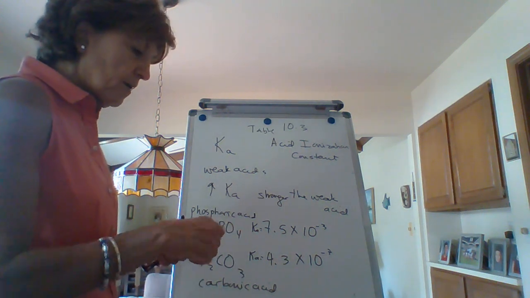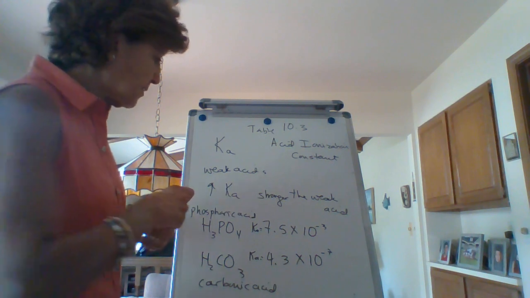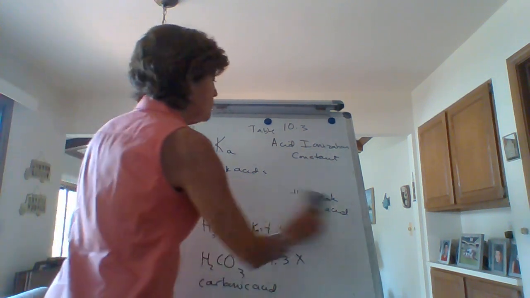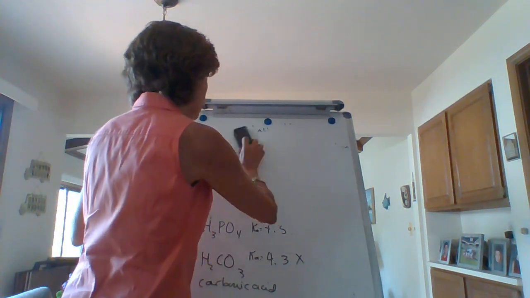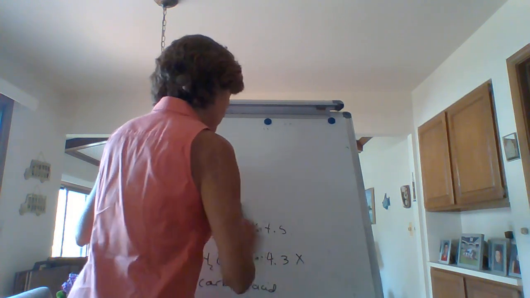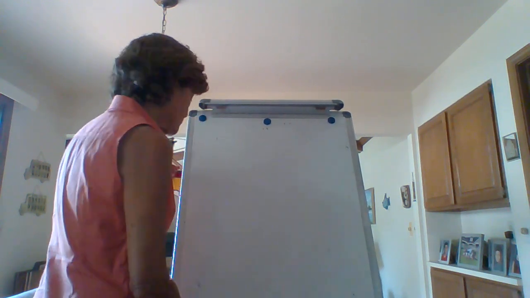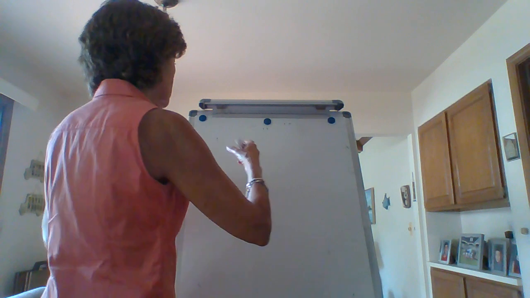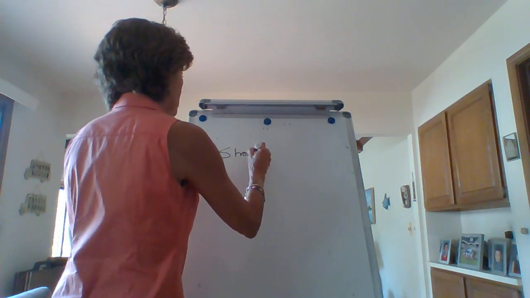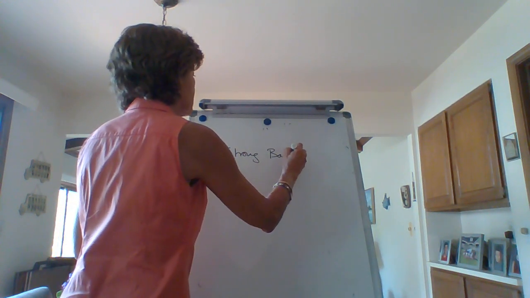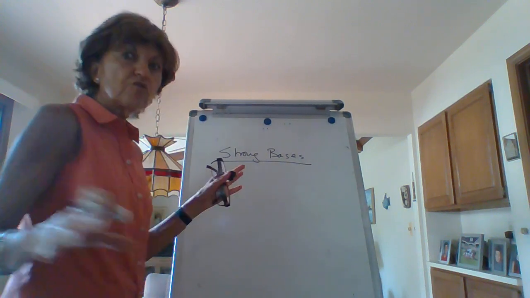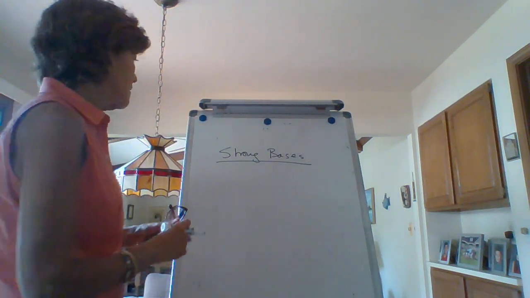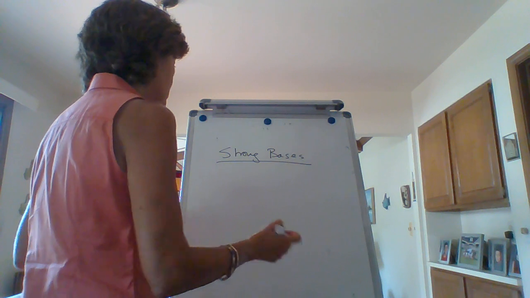All right. Before I wrap up this video, let me give you the strong bases. So you have 7 strong acids. Which ones are considered the strong bases? The ones that completely dissociate and produce a very basic environment.